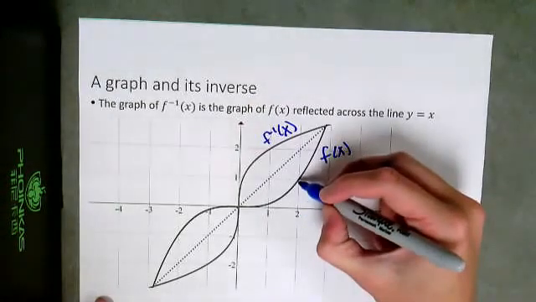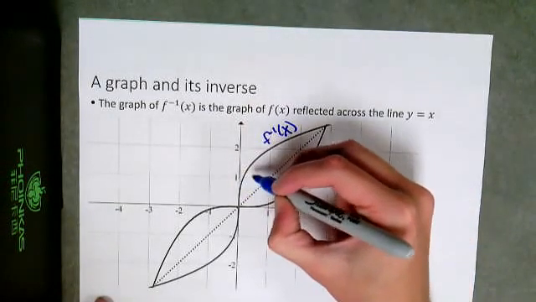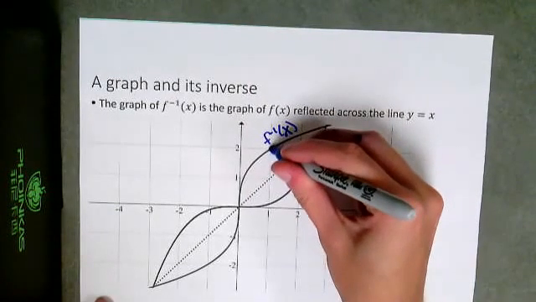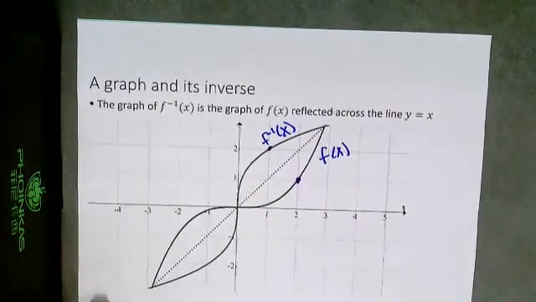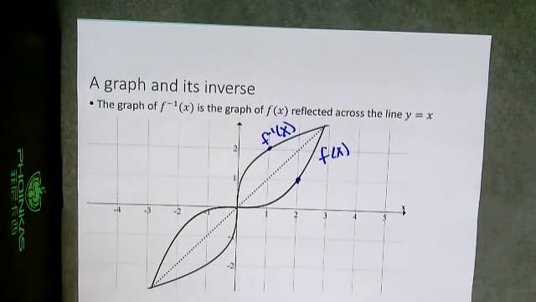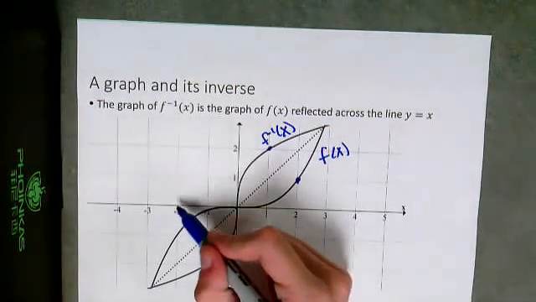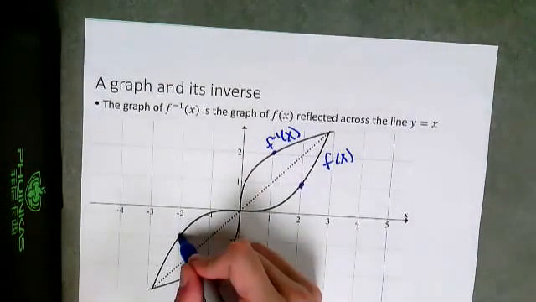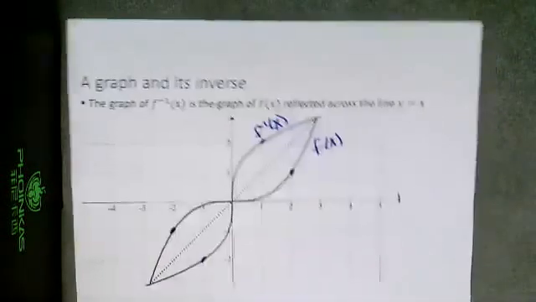We had 2, 1, and that became 1, 2, so these points were reflected across the y equals x line. That's the nice little relation going on for inverse functions in their graphs. Similarly, we had -2, 1, and that got reflected over to -1, 2.